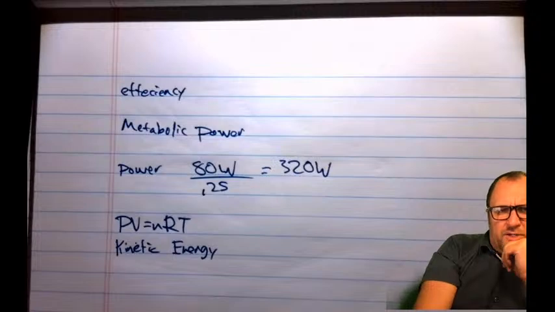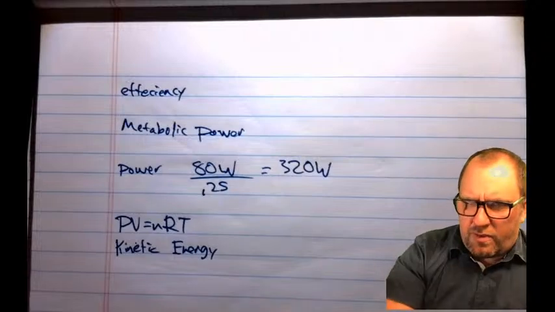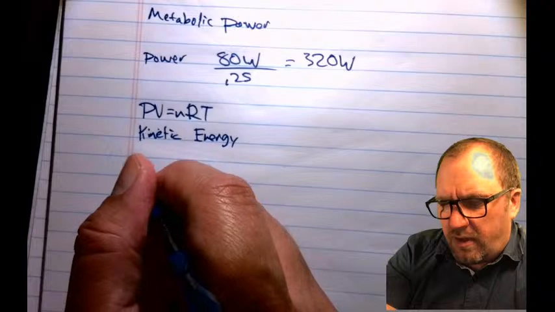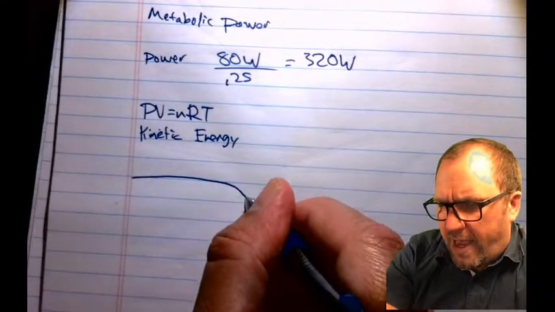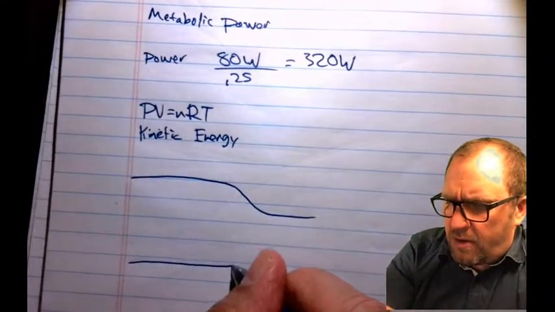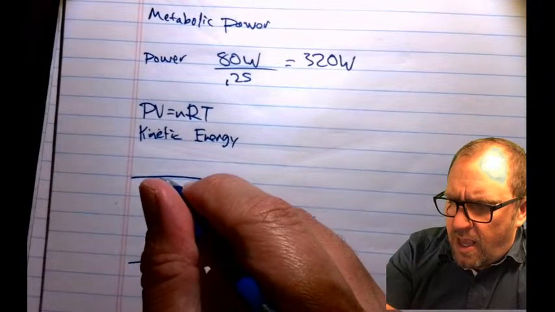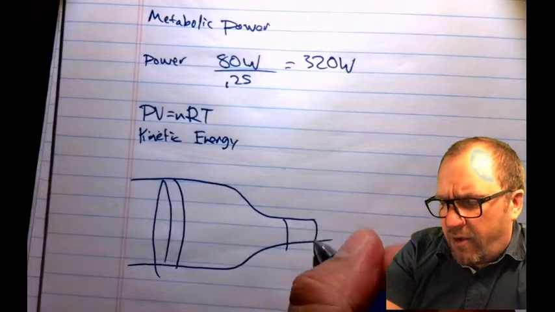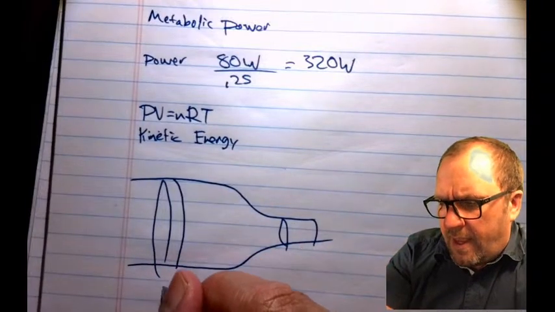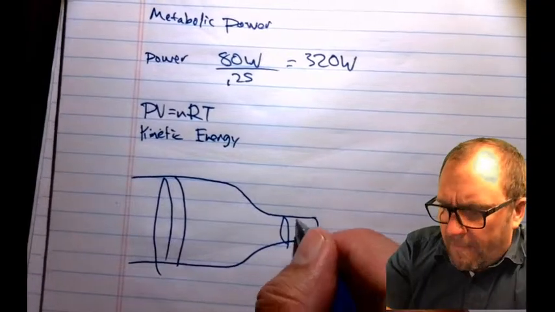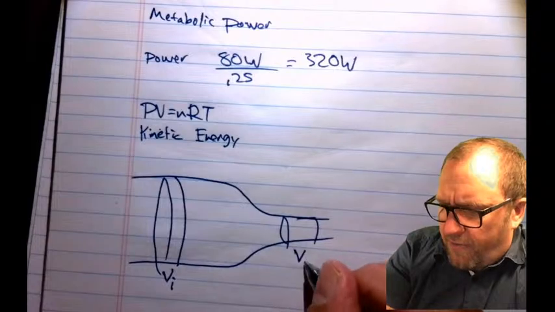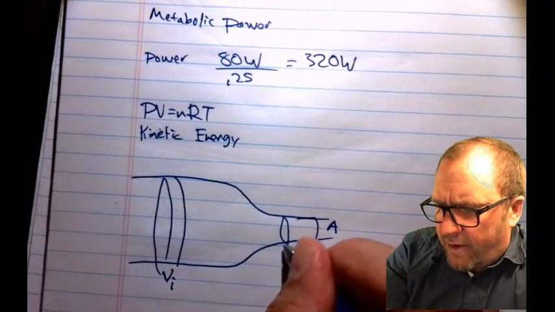Okay, then we also talked about fluids. So we did a couple problems where we dealt with fluid flow. So if I have, say, a pipe here, and my liquid has a flow rate over here, and I know what the velocity is over here. So if I know what my V1 is, how do I find V2 if I know my area here?